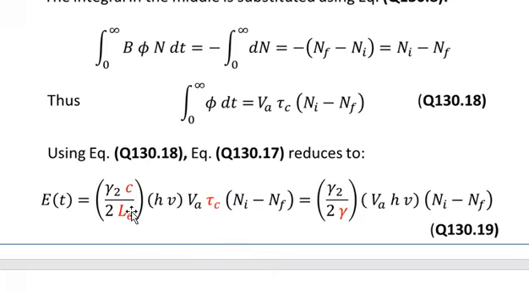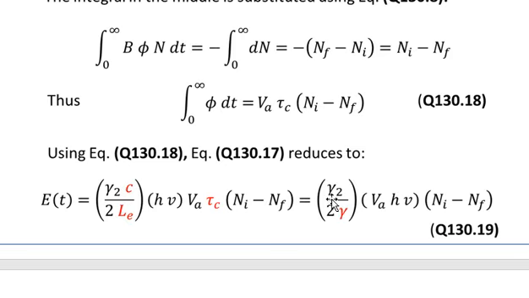So you can see that these are the expressions, and now I have the terms. This gamma was cancelled out with the values of c into tau c over Le. So this was cancelled out by that one, and the rest of the terms, c, tau c and Le, have been combined into the value of gamma.